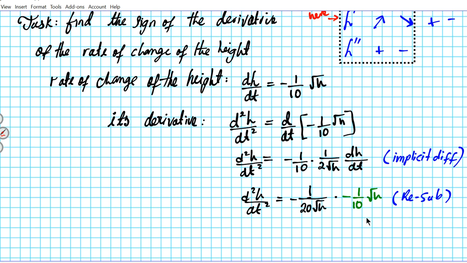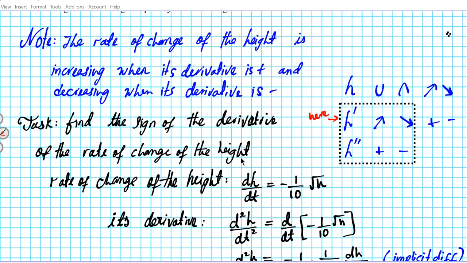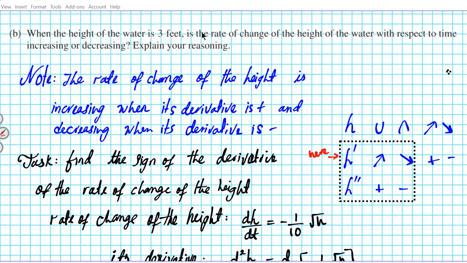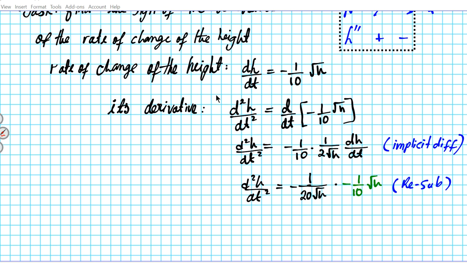Okay, so what is it we're looking for again? Remember the task was to find the sign of the second derivative. That's the task. We're looking for the behavior of the derivative of h at h equals 3. Okay, so let's go ahead and see what the second derivative is at that value, namely h equals 3.